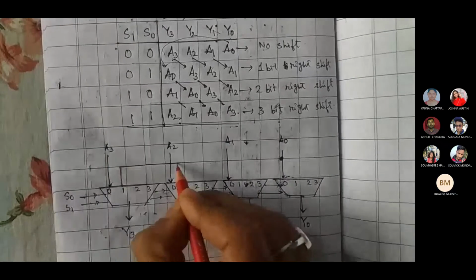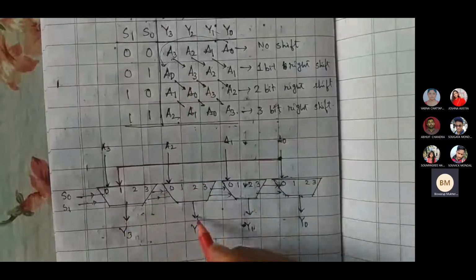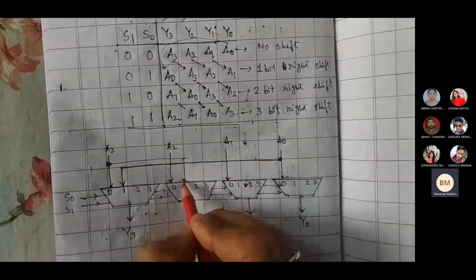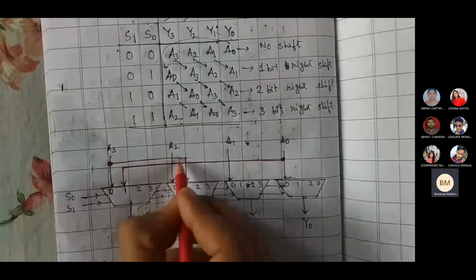So A0 will come to 1 for the first case, তাহলে A0 এখান দিয়ে বেরোবে। নেক্সট এরটাতে বেরোবে A3, Y2 তে A3 যাবে, so this A3 will come to the next one.